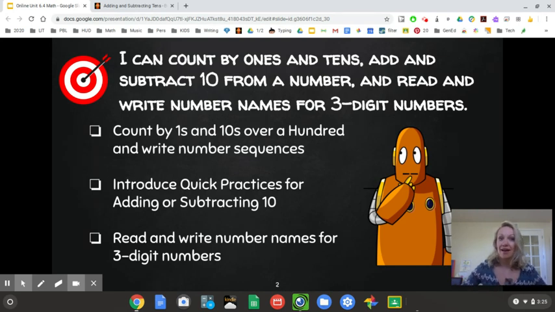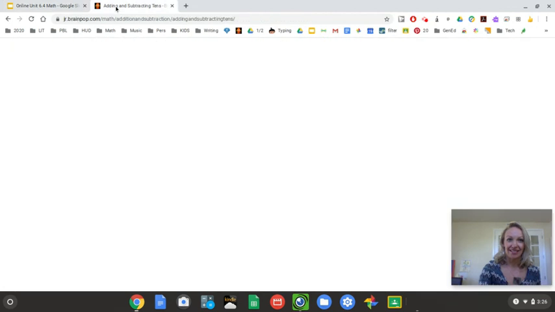So on to 1, 2, I can count by ones and tens, add and subtract 10 from a number, and read and write number names for three-digit numbers. All right, so the very first thing we're going to do is count by ones and tens over 100. We are going to go to Moby today, and he's going to get our brains warmed up for adding and subtracting within tens.